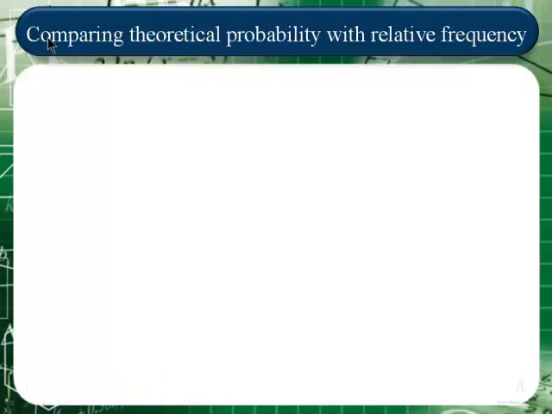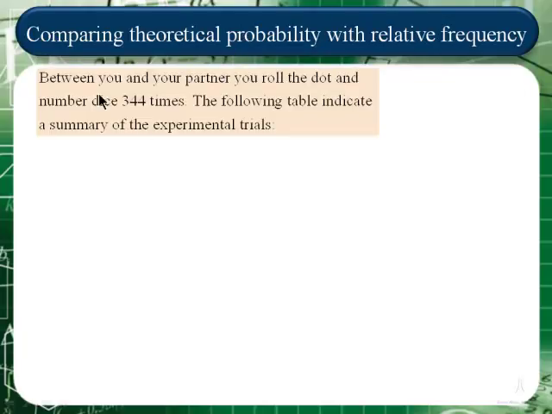We now look at an example where we compare theoretical probability with relative frequency. Between you and your partner, you roll the dot and the number dice 344 times. So one of you will roll the dot die and the other one the number die, but in total it's been rolled 344 times.